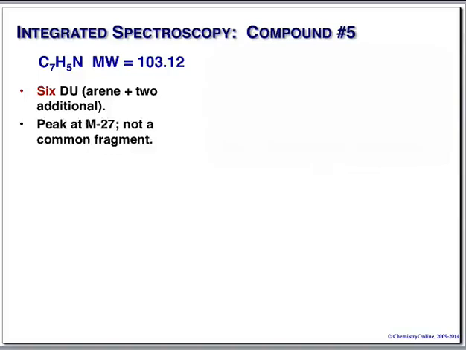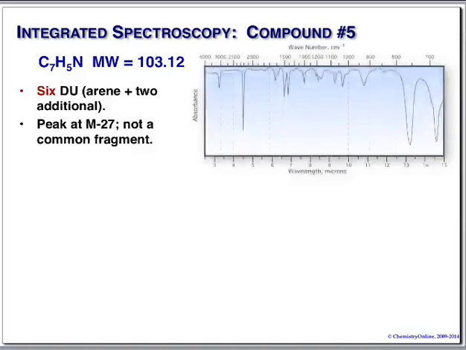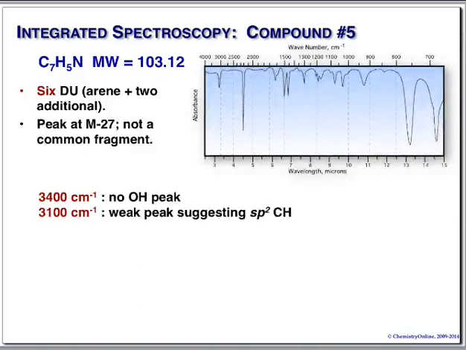So let's look at the infrared. Starting at the top, 3400, we have nothing. Here at 3100, we have a nice sharp peak. So this is sp squared CH. 2900, we don't have anything at all.